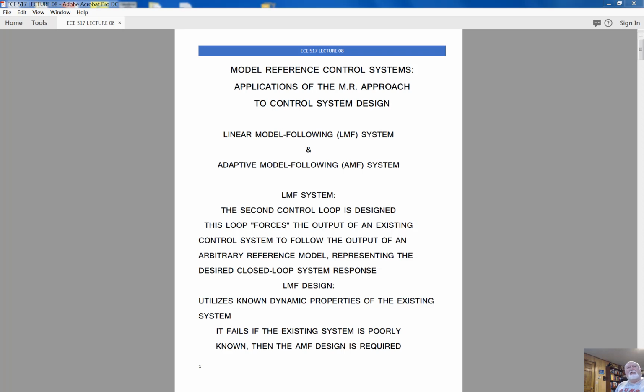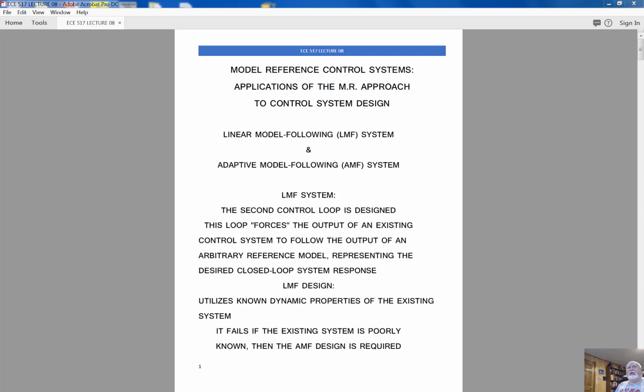Linear model following design requires utilizing properties of the controlled plant, properties of the existing system. It is inconsistent with the very concept of adaptive control. In adaptive control, we are supposed to minimize the usage of the information about the control plant.